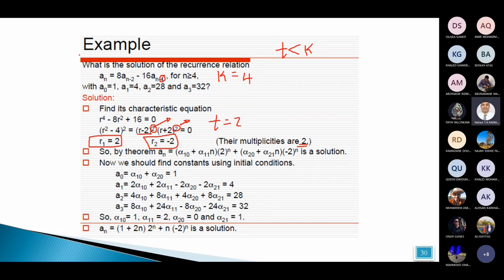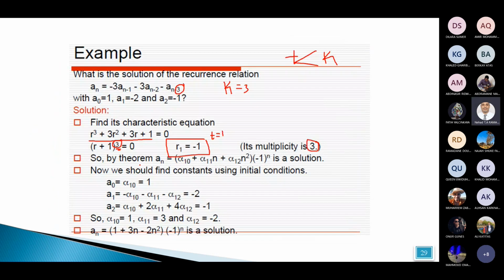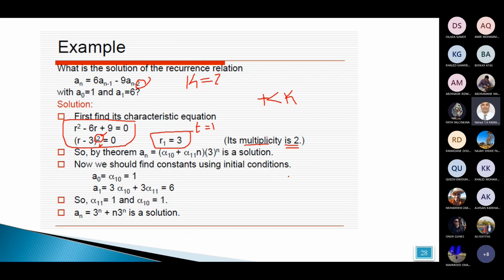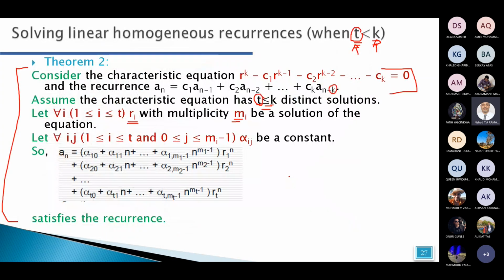Actually, this one is too long to be in the exam. Usually, if they bring this one, you will have one solution with a specific multiplicity, because of the concern of time, which is very important there. Anyway, when you have multiplicity for each solution, Ri means solution.